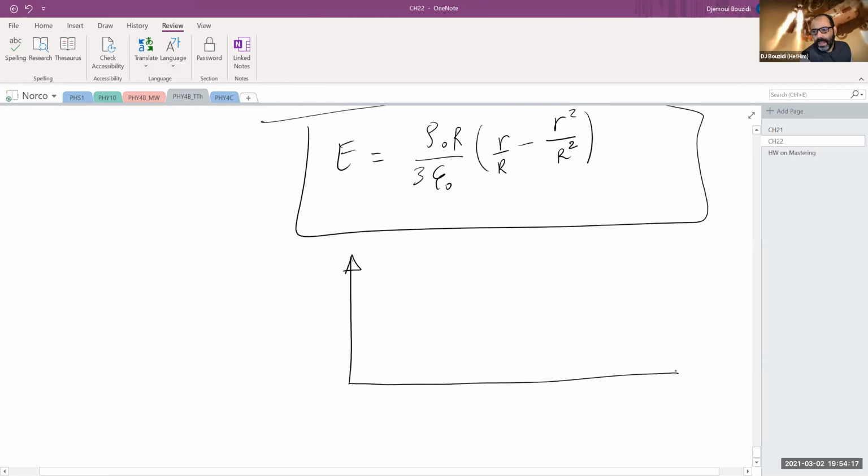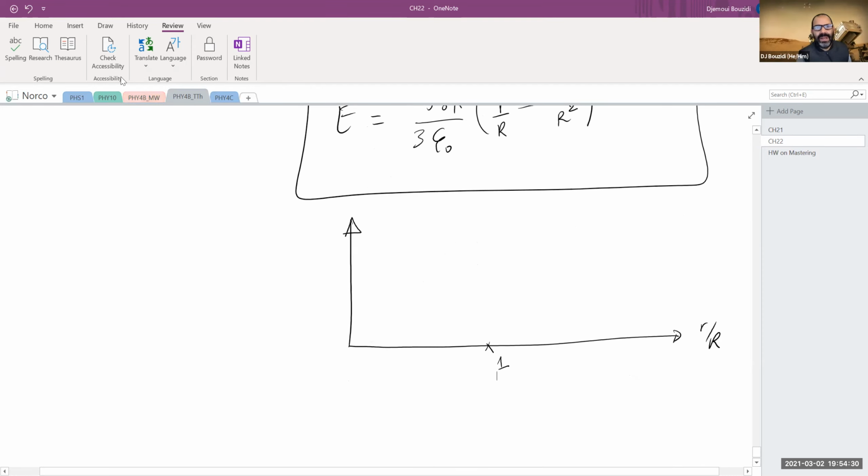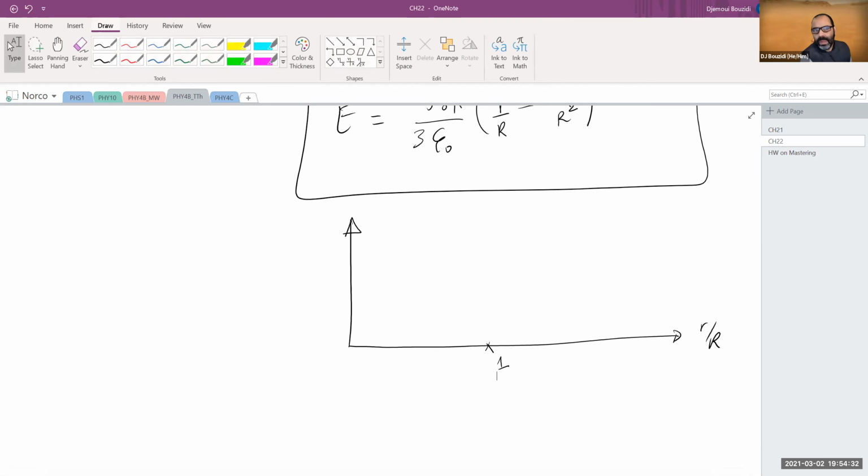So I know at 1, this is exactly the sphere. We are at this sphere in here. We know from part A, or part B, I guess, the electric field outside is 0. So if I'm going to draw the electric field in here, it's 0 outside.